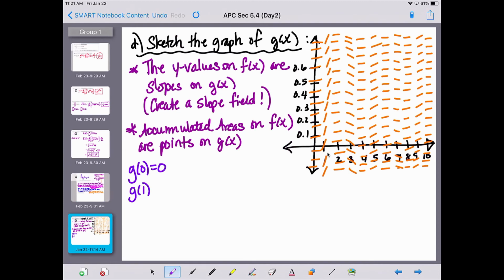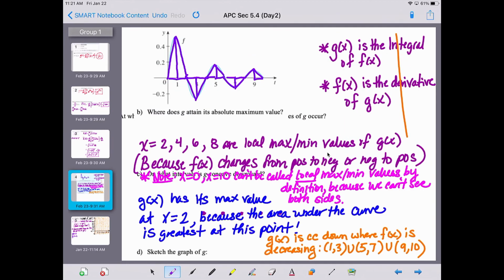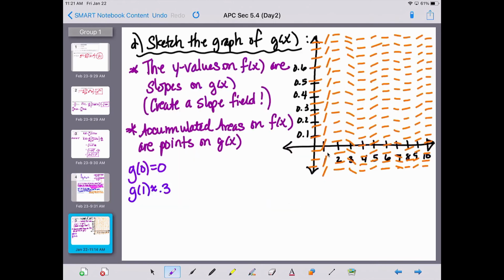G of 1 is going to be approximately 0.3. Then I go back and look at my graph again. G of 2, well, I have another triangle that's symmetrical to the one I just found, so I know that's going to be another 0.3, right? So g of 2 is going to be approximately 0.3 plus 0.3, which is 0.6.